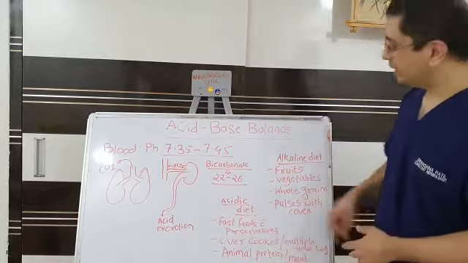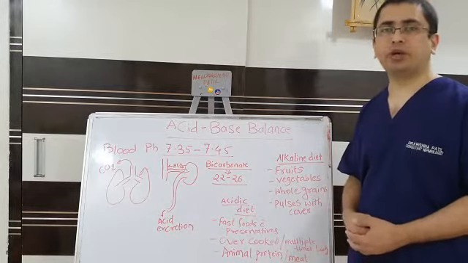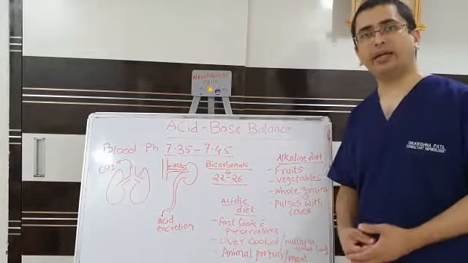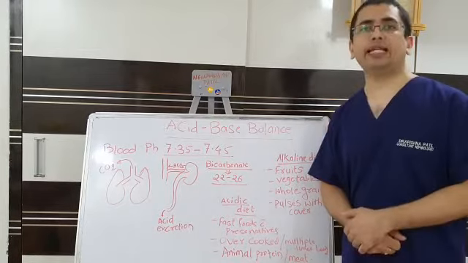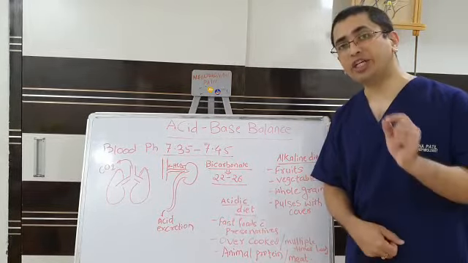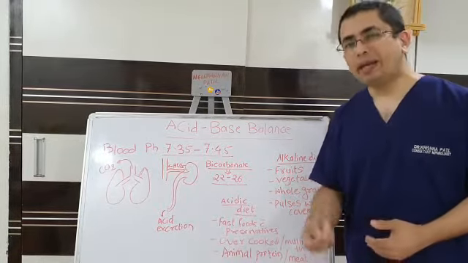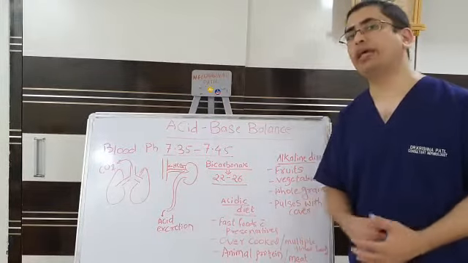The other important thing is to include more alkaline foods in your diet. What are the foods that are more alkaline? The most important basic source in our diet are the fresh fruits. Now, one problem with kidney disease is the inability to handle the potassium load in the fruits.